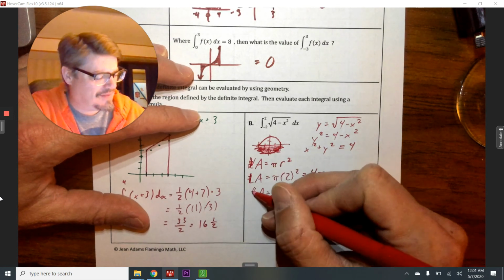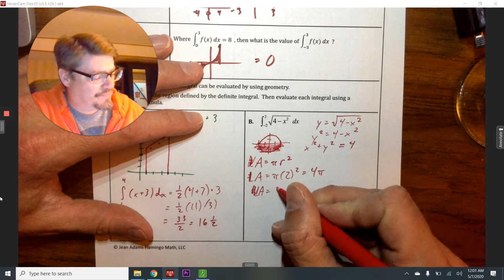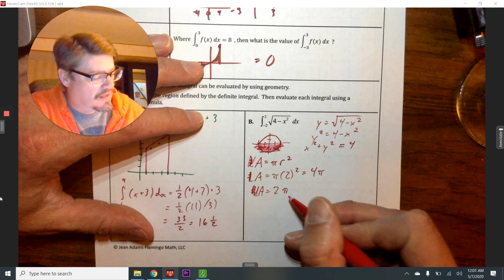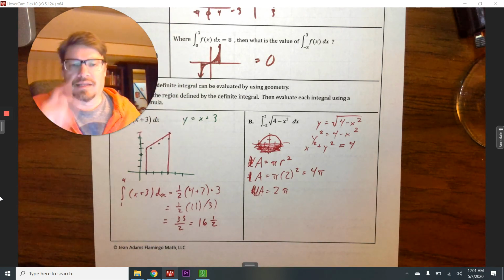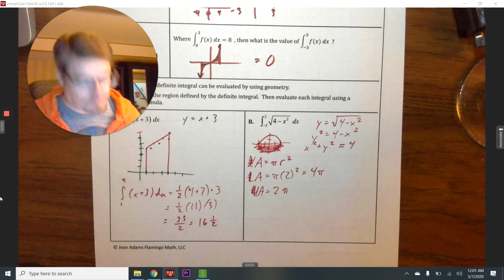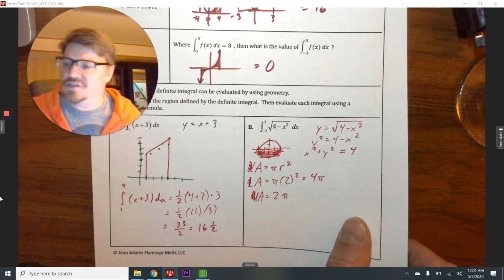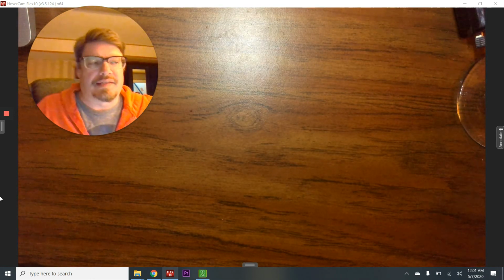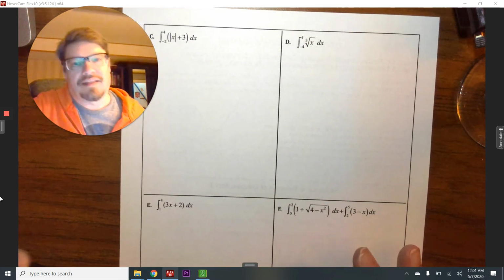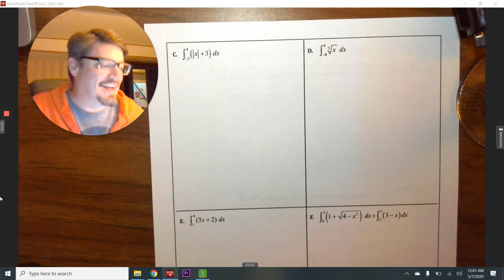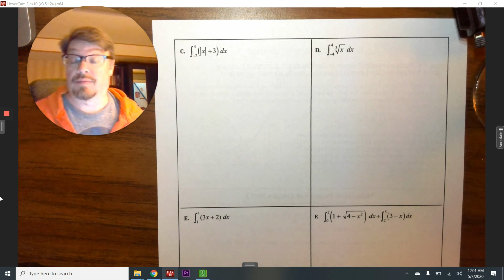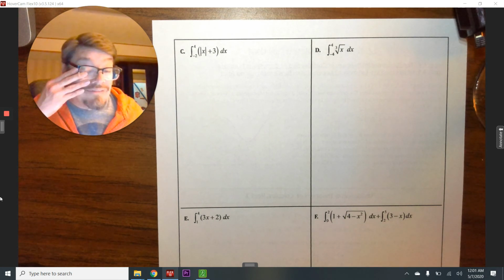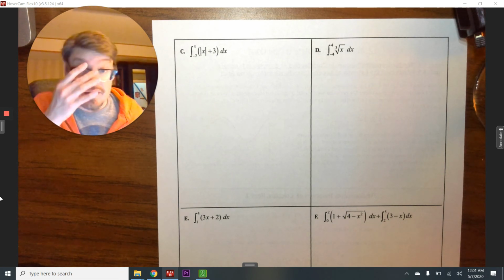No, I'm sorry, it's late. If I want half of that, the actual area is 2 pi. So we're using geometry basically to just find areas. The whole point of this is to make sure that you understand it is just geometry, and if you need to draw a graph to find those areas, fine.